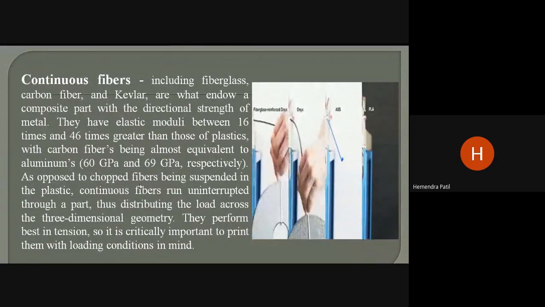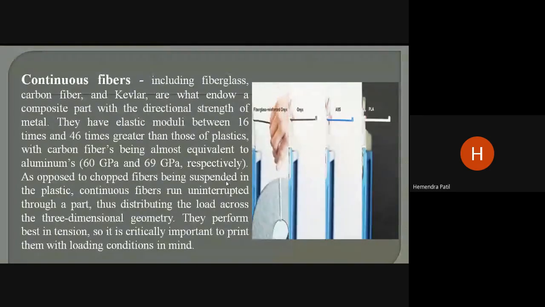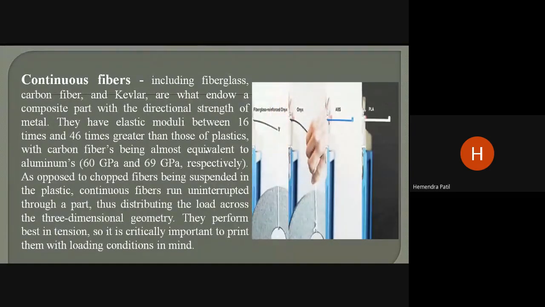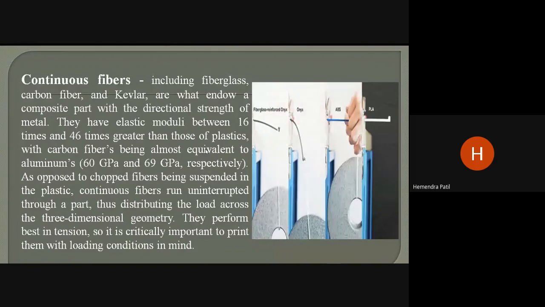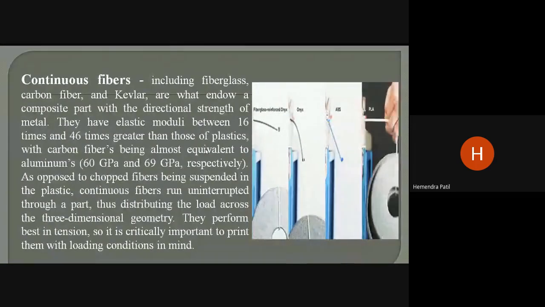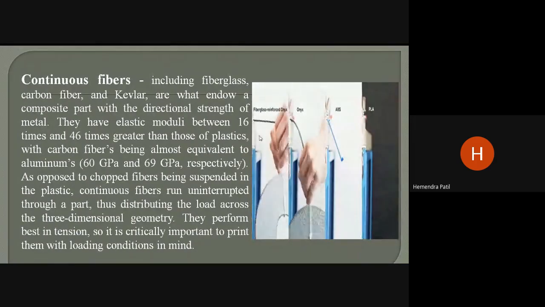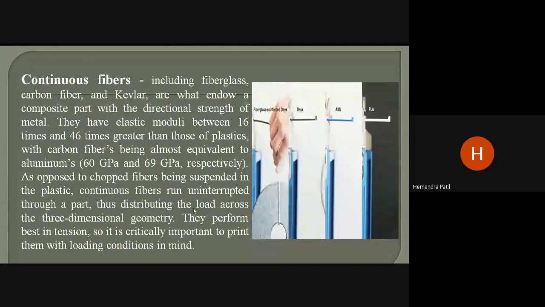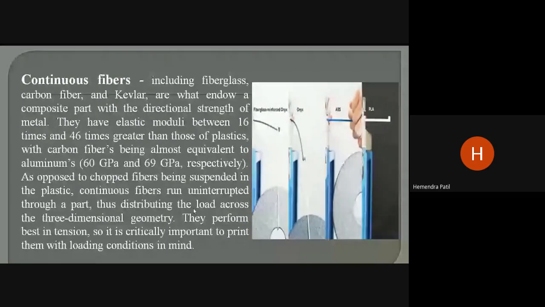As opposed to chopped fiber being suspended in the plastic, continuous fibers run uninterrupted through a part. The distribution of load across the three-dimensional geometry is good in Onyx, which is reinforced with continuous fiber. They perform best in tension, so it is critically important to print them with the loading condition in mind.